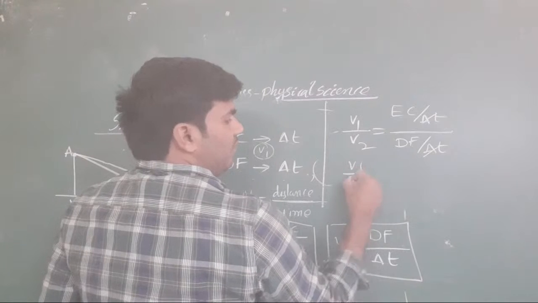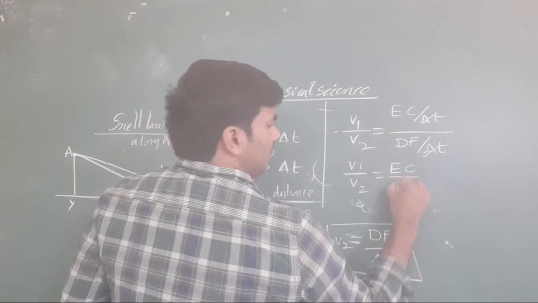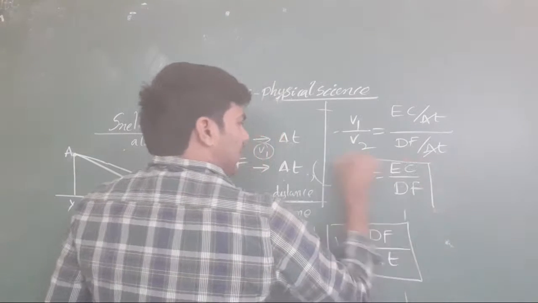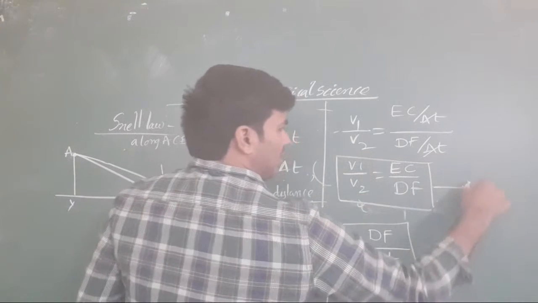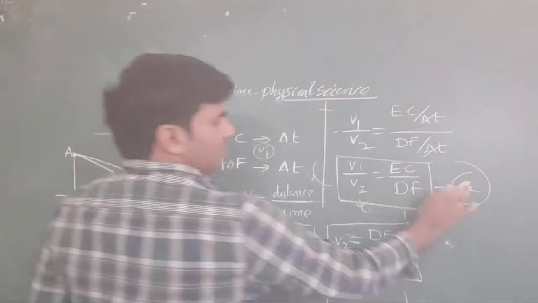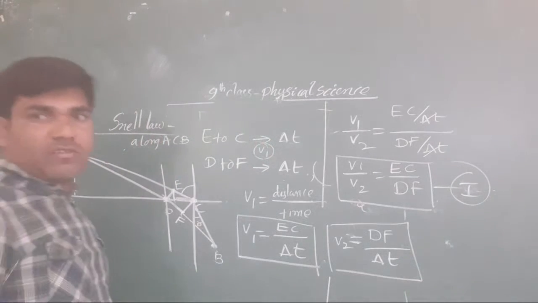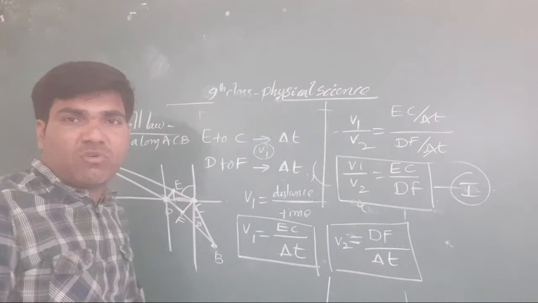Now V1 by V2 is equal to EC by DF. This is one of the fundamental equations, given as the first equation, needed to solve Snell's law. I hope you understood up to here.